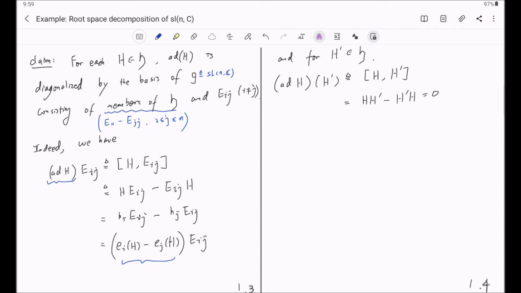The reason that I chose E_11 minus E_jj is that I'll always need the traces of those matrices to be equal to 0, as per the definition of SL_n(C). This finishes the verification of this claim.